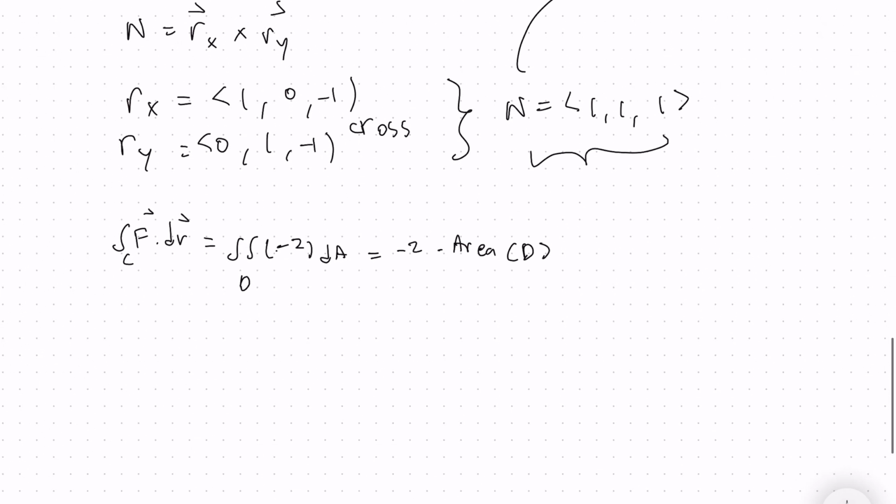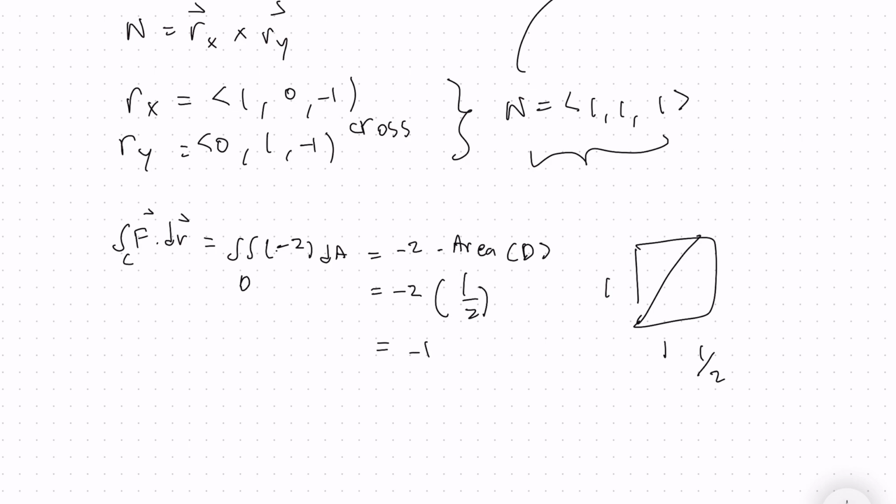We just take the area of this triangle, which is 1 times 1 divided by 2, so it is 1 over 2. Then we have minus 2 times 1 over 2, and we get minus 1 as the value of our path integral around this triangle. So it's just minus 1.